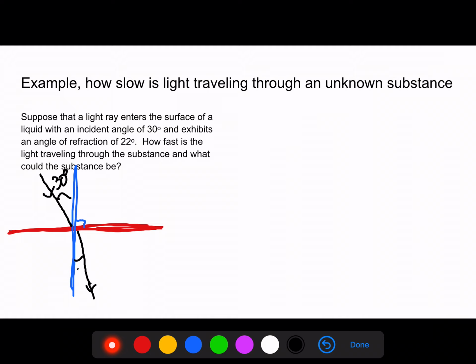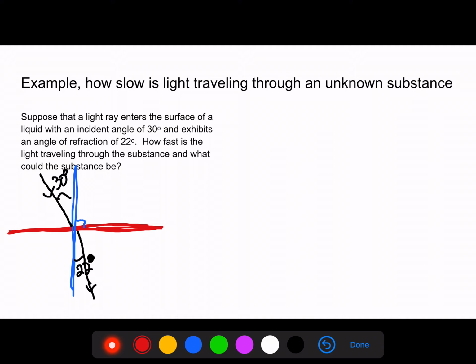So already we can deduce that I must be going from something that is faster moving, that light can move faster in, into something that light can move slower in. But that makes sense because we're going from air to start with, and it's got an index of refraction very close to 1. It's very much the same as traveling through a vacuum, and so just about any substance here is going to slow the light down. And now we need to dig a little deeper to try to learn what that substance might be.